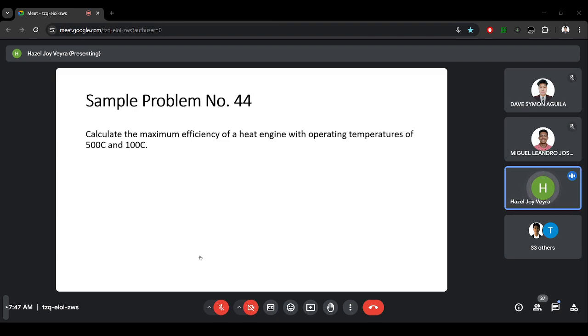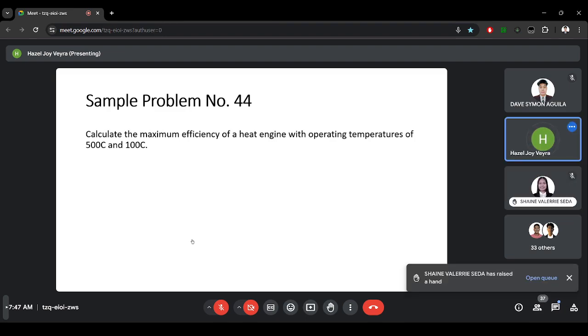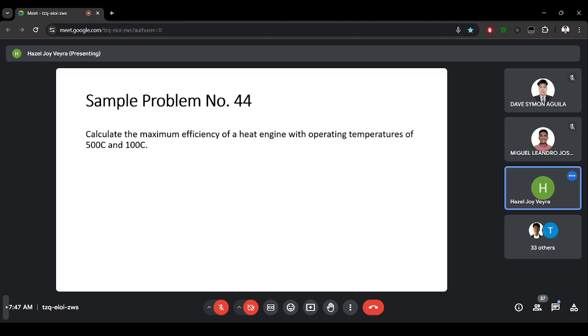Anyone who still remembers the formula? Miss Sada? Yun po ba ma'am yung T1 minus T2 over T1 po? Yes.